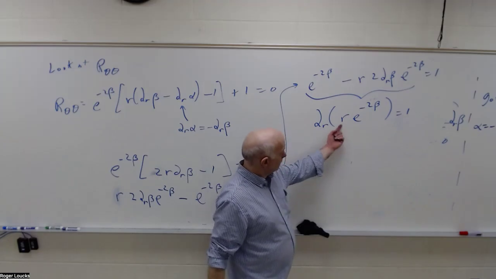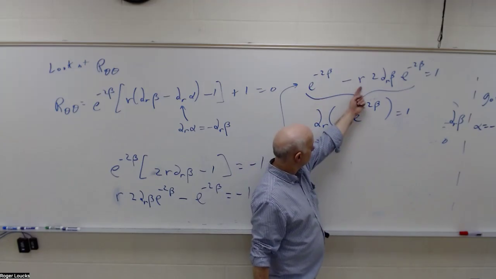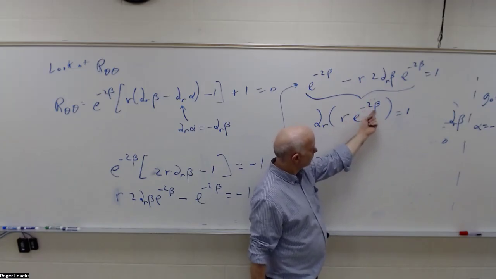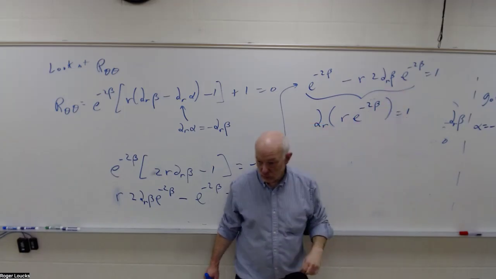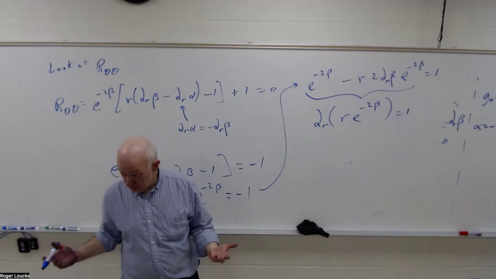Because if you take the derivative of this from here, this gives me the exponential, but then the R goes along for the ride. Then if I take the derivative of this, I get minus 2, the derivative of beta with respect to R, times the exponential. So that equals 1. What can I do with that now? Integrate.